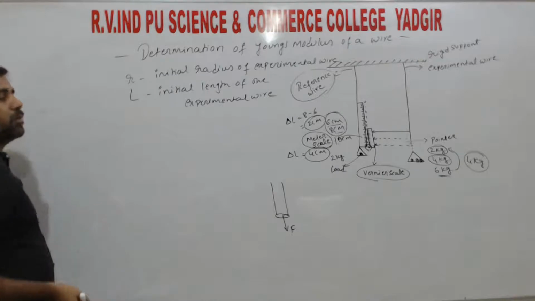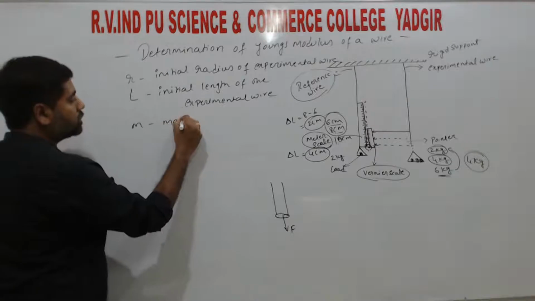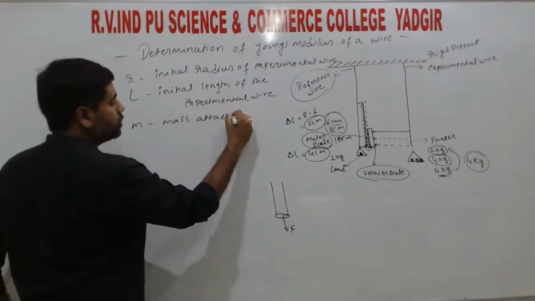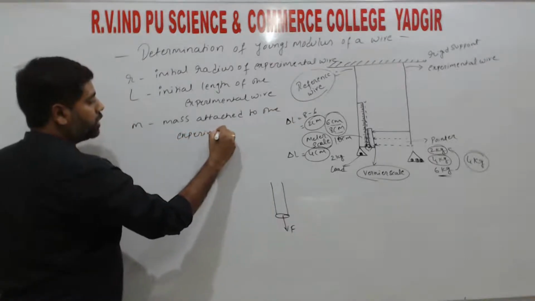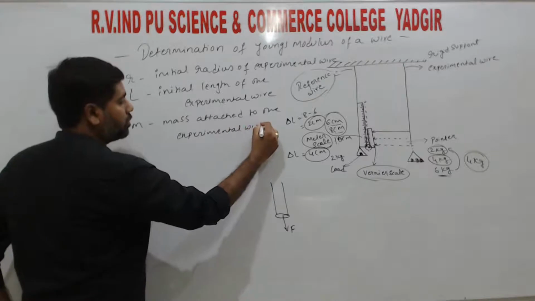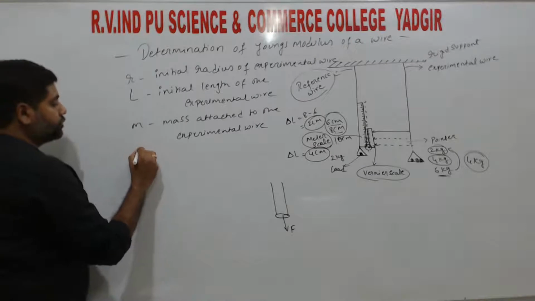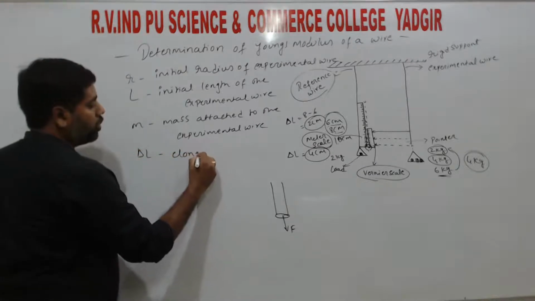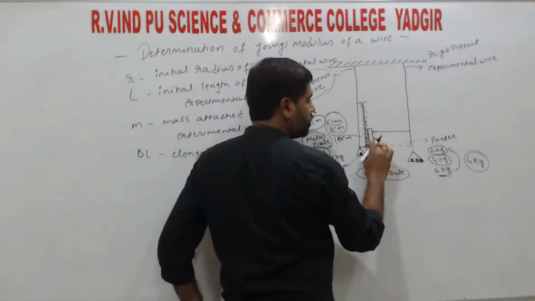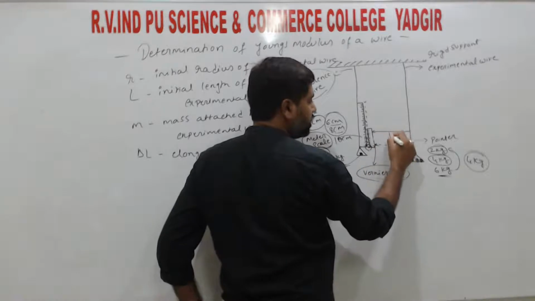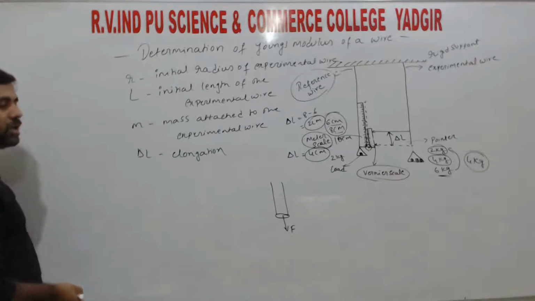So then M is the mass attached to the experimental wire, right? So delta L is the elongation, right? So here take any one point as the reference. So how much it has elongated, this represents the elongation delta L, right? So delta L is the elongation.